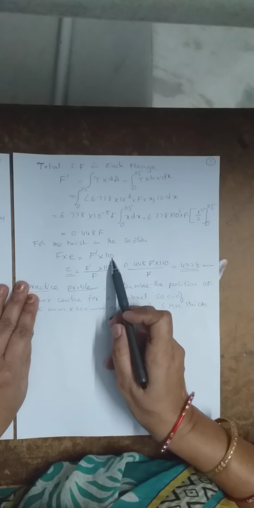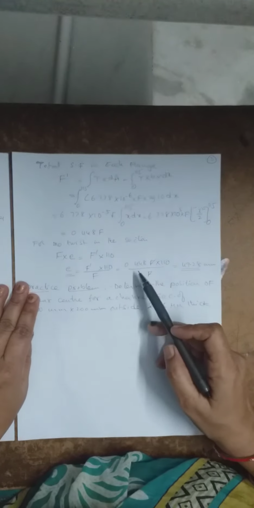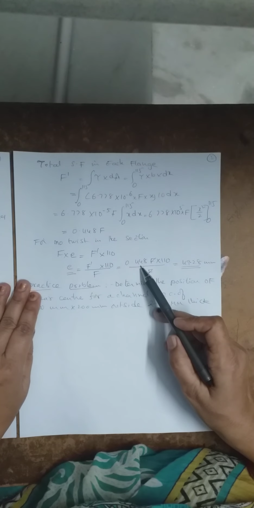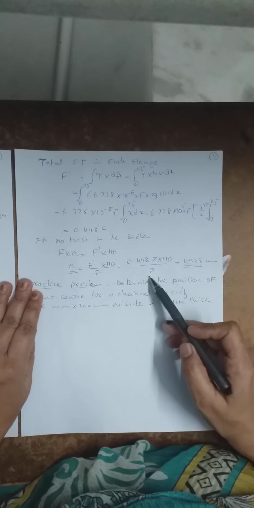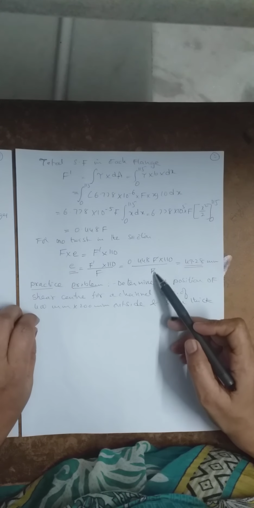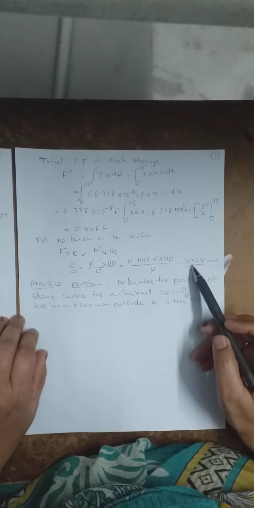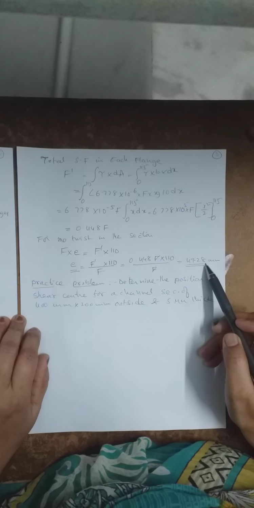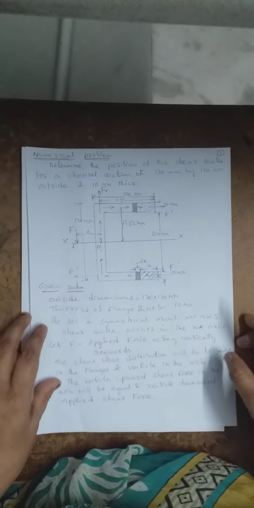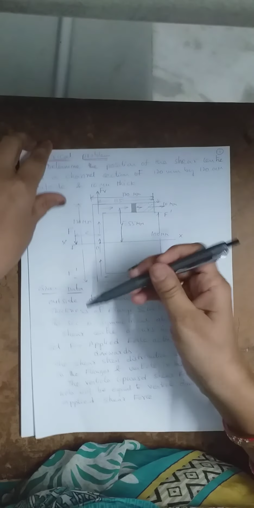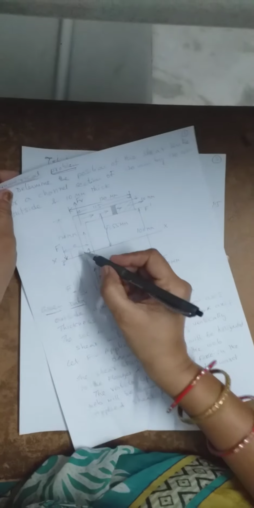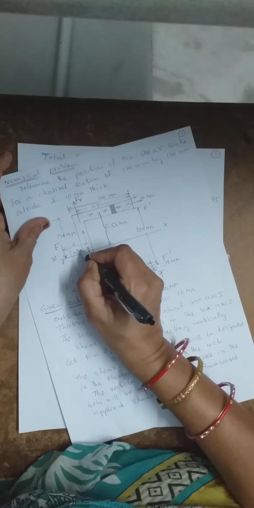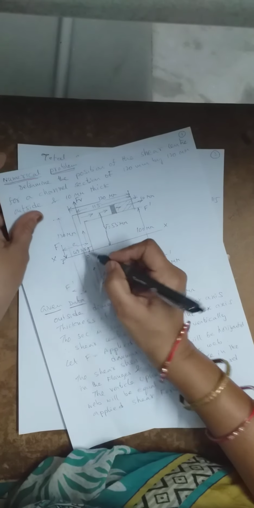So E is equal to F dash into 110 by F. If you substitute the values, 0.448 F into 110 by F, F and F get cancelled, and we get 49.28 mm. So E here is 49.28.